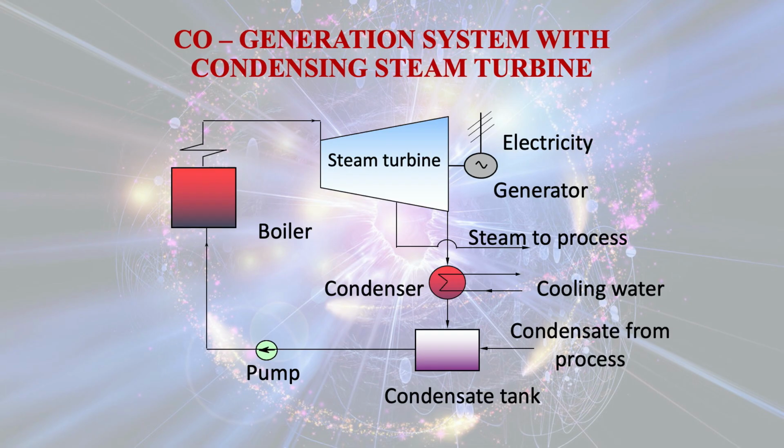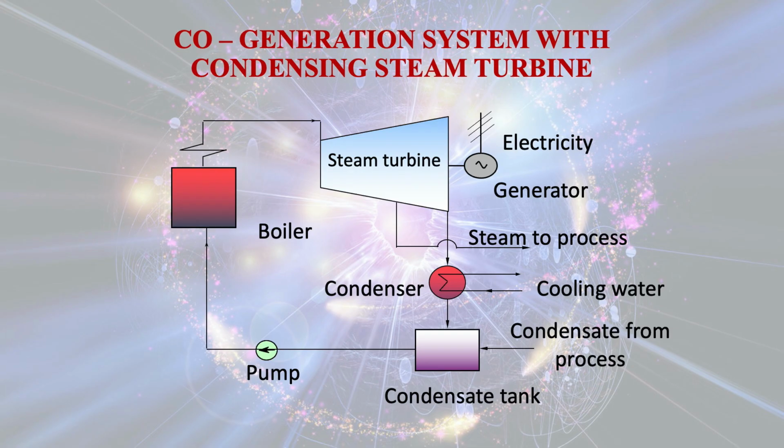That high pressure, high temperature steam is entering into the turbine, and inside the turbine expansion of steam takes place, and in turn turbine does work. The shaft of the turbine is coupled with the shaft of the generator, and in turn generator produces electricity.